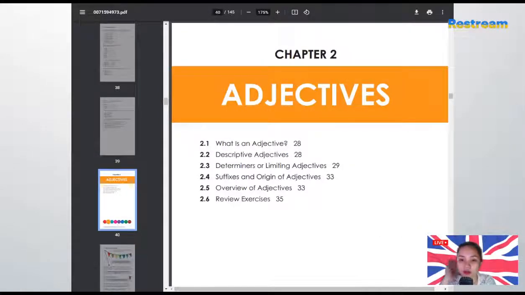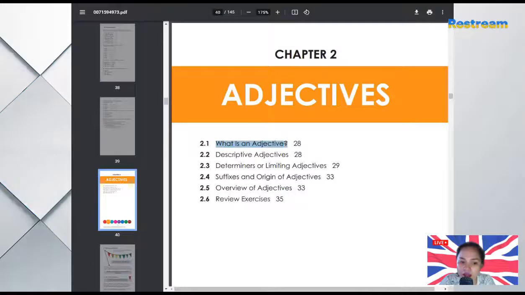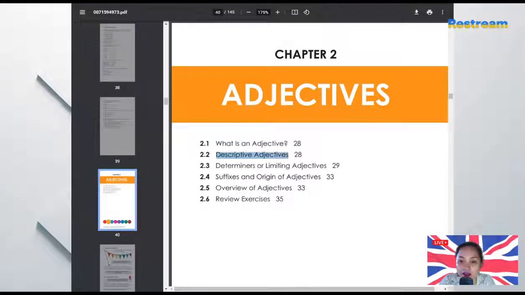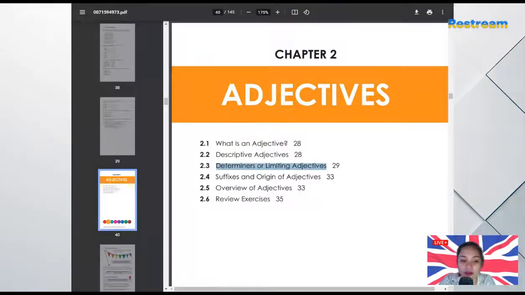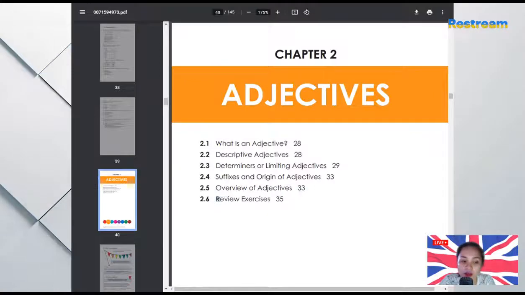We are already done with the nouns. The second part of speech that you guys are going to learn is the adjective. Under the adjectives, we have six: what is an adjective, descriptive adjectives, determiners or limiting adjectives, suffixes and origin of adjectives, overview of adjectives, and review exercises, which is like what we did in nouns.